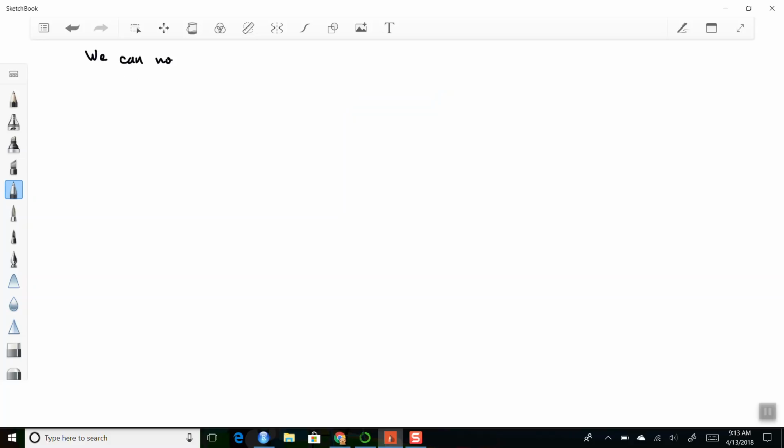So we can now sample Z1 from normal 0, 1, and Z2 also from normal 0, 1, okay? And what we want is to somehow get values x, okay?